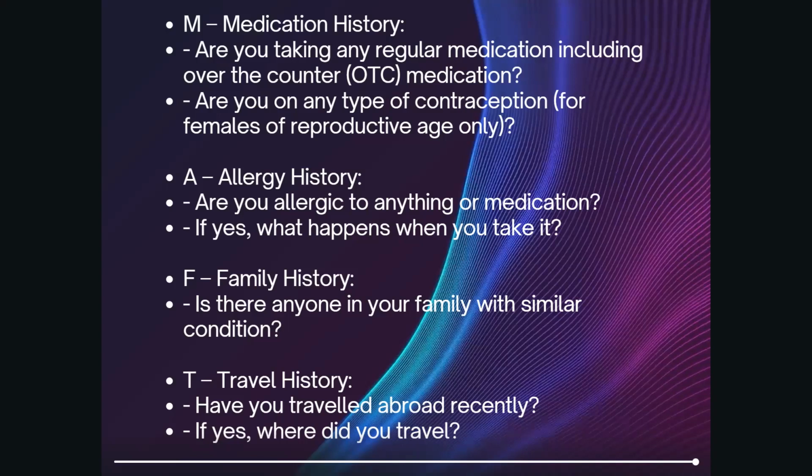I see lots of doctors who ask about contraception in patients of childbearing age when it's not relevant. For example, if a patient comes to you with severe onset of headaches and you think she might have a subarachnoid hemorrhage, contraception might be a little bit irrelevant here.